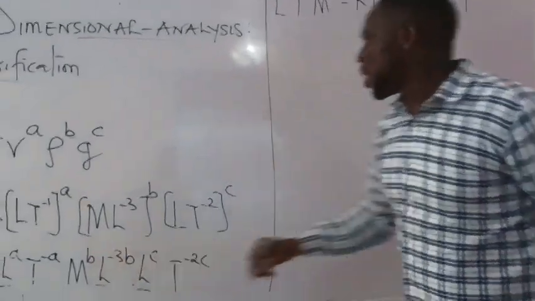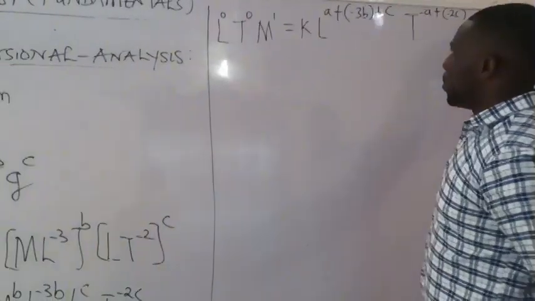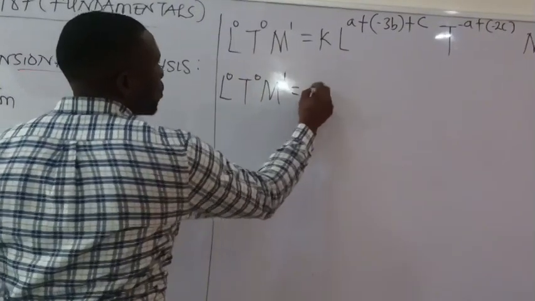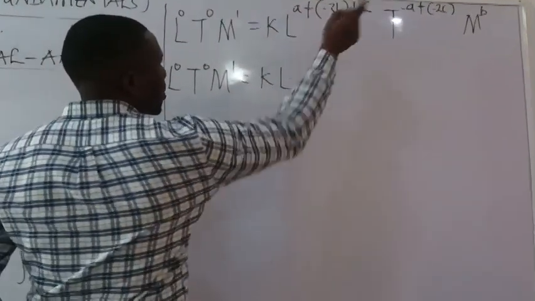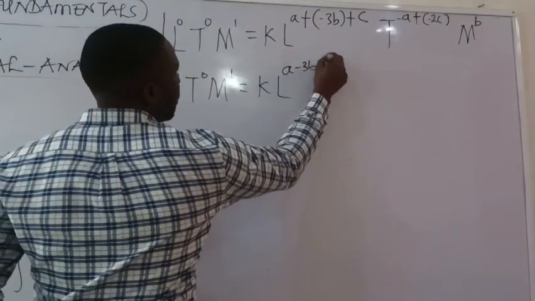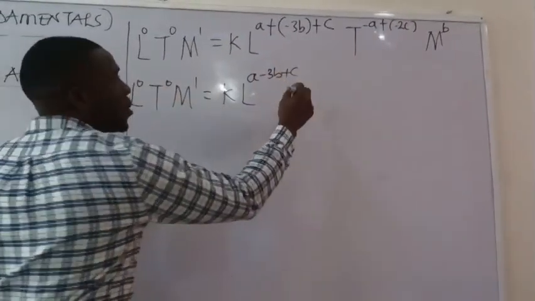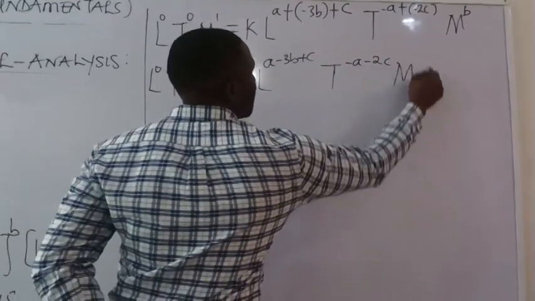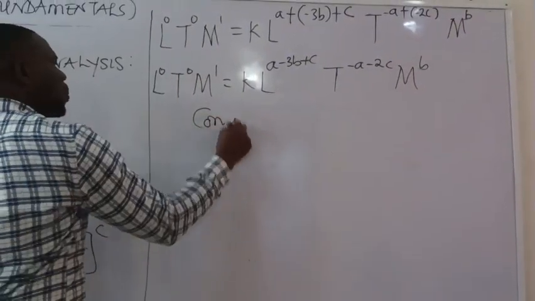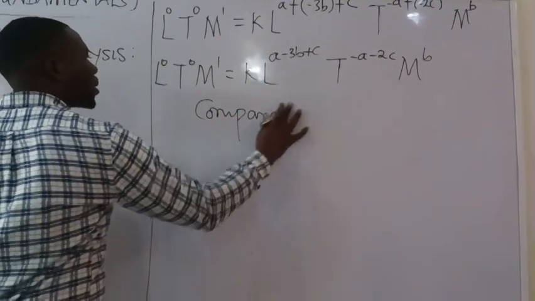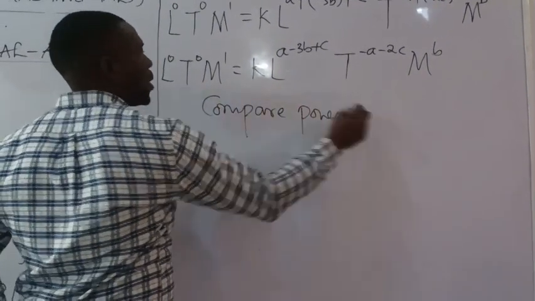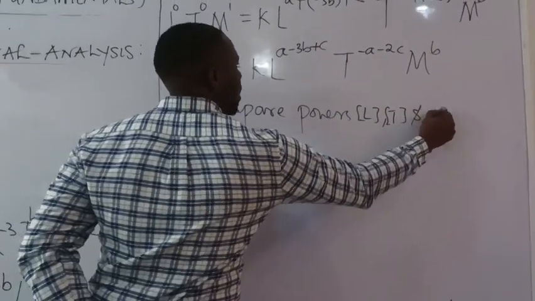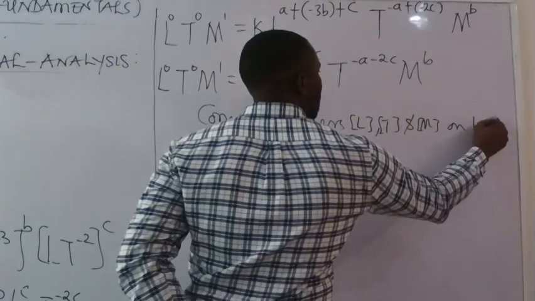Then for M, just M raised to power B. So I could repeat this as L raised to power 0, T raised to power 0, M raised to power 1, K, L raised to power A minus 3B plus C, T raised to power minus A minus 2C, and M raised to power B. So all I'll do is compare the powers of the dimensions L, T and M on both sides.